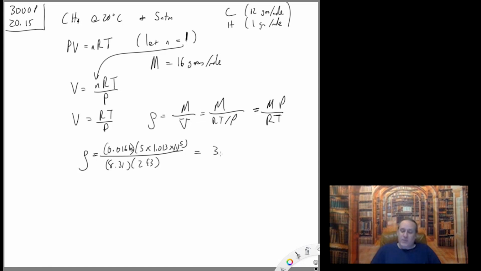It's going to be 3.33, and my units should be kilograms per cubic meter. I know my answer will come out in those units if I made sure that my pressure is in pascals and my temperature is in Kelvin, and we deliberately put the mass into kilograms.